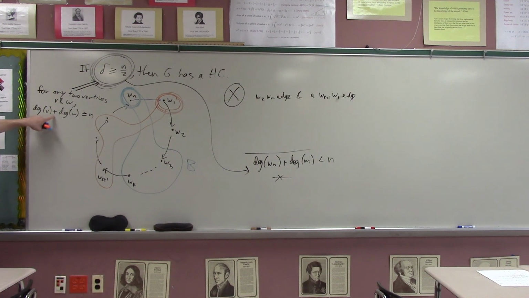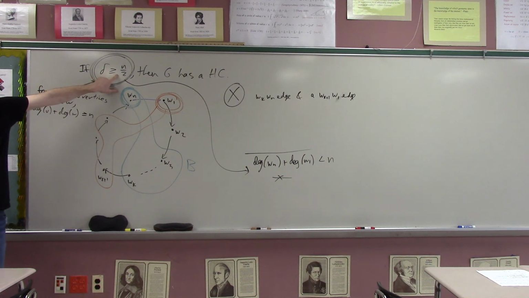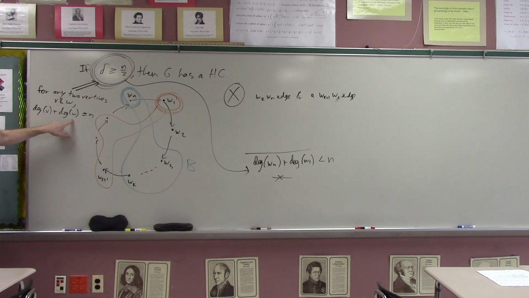And with this weaker condition, we still prove the theorem the exact same way. And does everyone see what I mean by it being weaker? It's weaker in the sense that if this implies this, right? So then this is a weaker term.